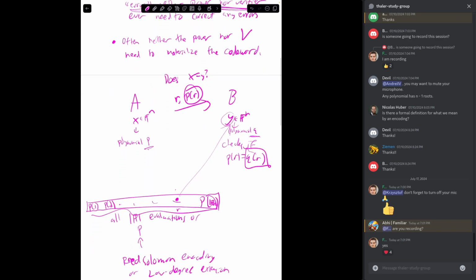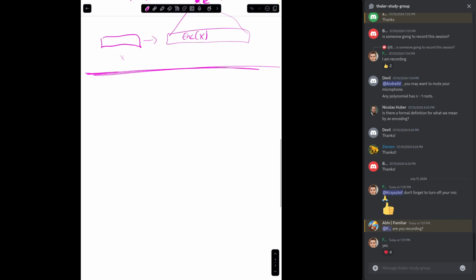So if you just want to specify the degree d polynomial, d plus one evaluations are enough. That's basically the message. If P is degree d, a complete specification of P, if it's a univariate polynomial, is just any d plus one evaluations of it.